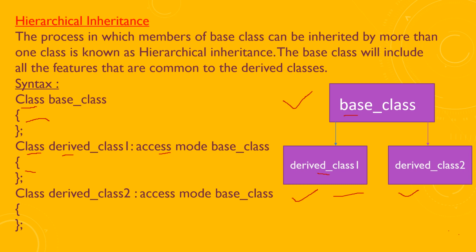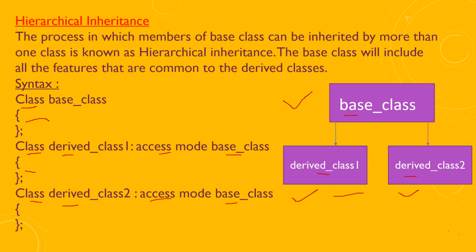And likewise, as we can see in the diagram again, derived class 2 is also inheriting the properties of the base class. So for this also we will write first the keyword class, which will be written as it is, and then whatever name we want to give to the class, derived class 2, and then the colon and access mode, that is our access specifier, and then the base class name. So the base class in derived class 1 and in derived class 2 is common.